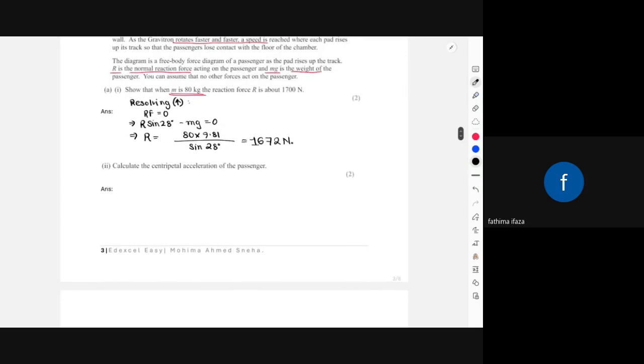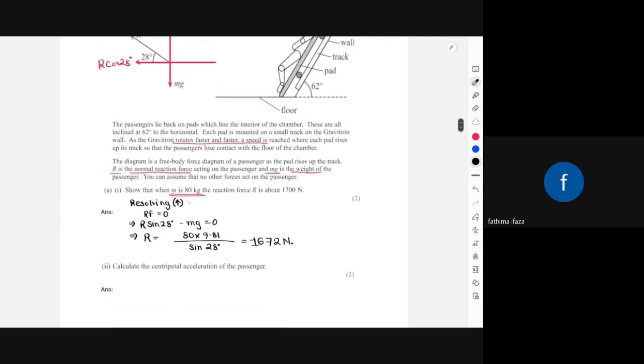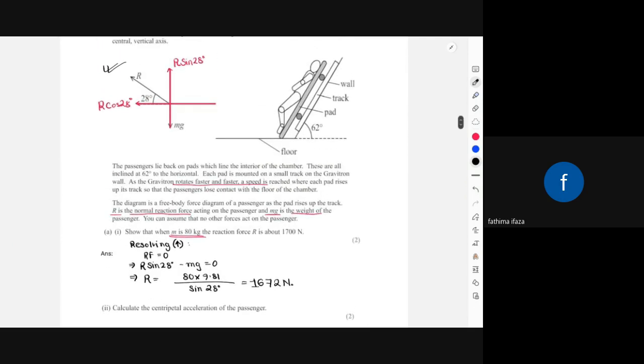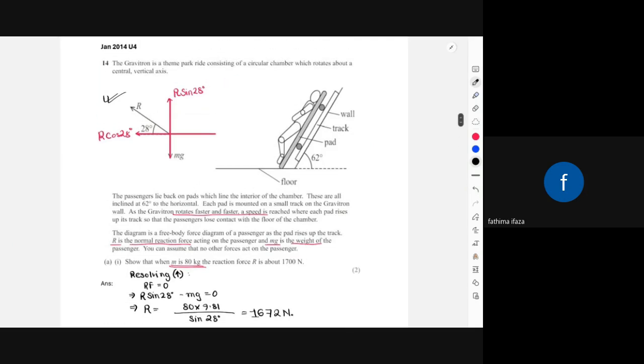Calculate the centripetal acceleration of the passenger. Now we have the force, right? As you can see, the reaction force is also acting towards the center of the circle. So basically, the reaction force itself becomes your centripetal force this time. Not entirely the reaction force: the horizontal component of the reaction force is your centripetal force, and using this horizontal reaction force, I can calculate the centripetal acceleration easily.